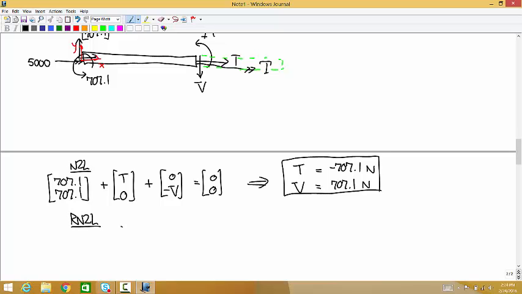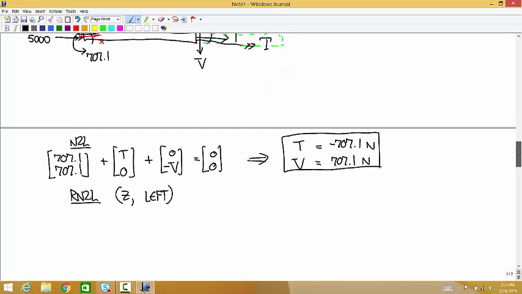Now the moment equation about the z-axis. If you think of the origin as being at the left endpoint, then you can just think about that as a moment about the z-axis. Okay, so what moments are produced?